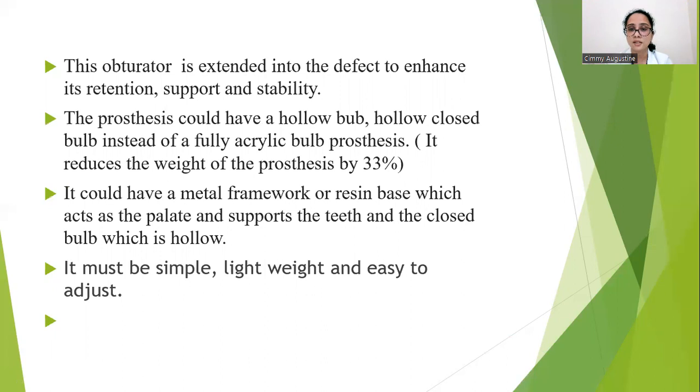Studies have shown that a hollow bulb prosthesis can reduce the weight by 7 to 43%. Then it could have a metal framework or a resin base, which can act as a palate and support teeth and the closed bulb, which is hollow. As we all know, it should be simple, lightweight and easy to adjust.